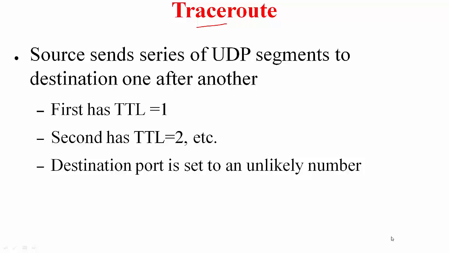What the traceroute program does is it sends a series of UDP segments to the destination one after the other. In other words, it doesn't send the next until it gets a reply for the first one. The first UDP segment that it sends has the TTL value equal to 1. Because the TTL value is equal to 1, the first router it encounters will decrement this.